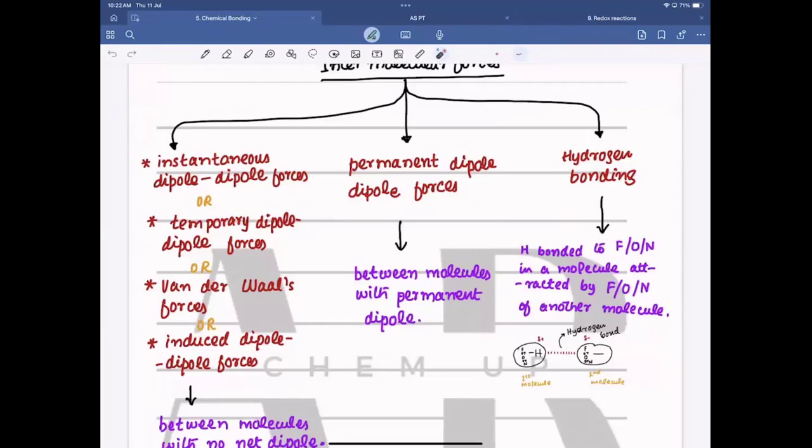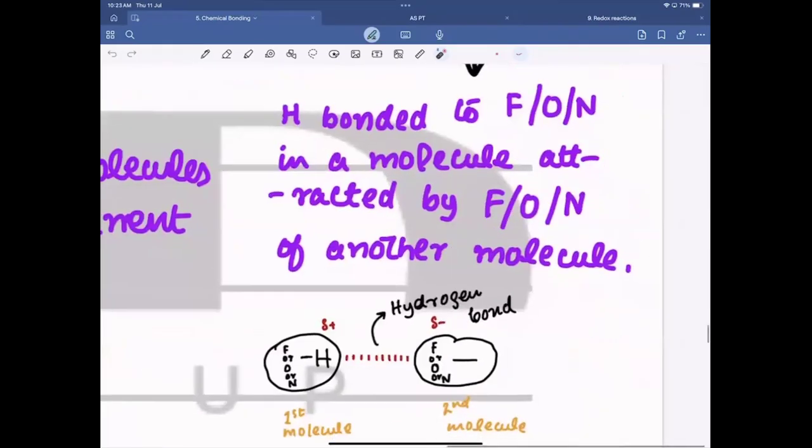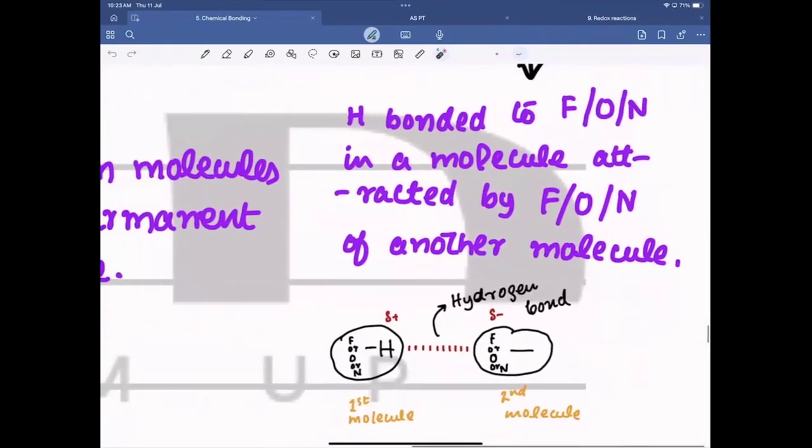It is for specific molecules, and you have to understand and remember the condition to know whether the molecule has hydrogen bond as an intermolecular force or not. So that condition is that the molecule which is going to form a hydrogen bond must have a hydrogen in it first.